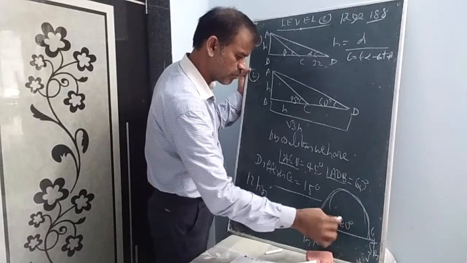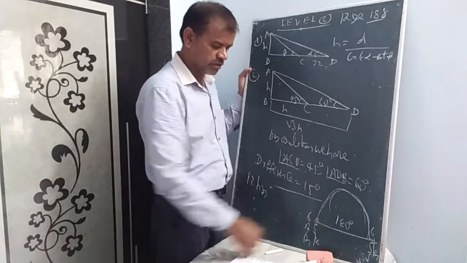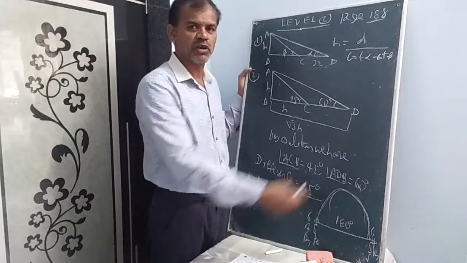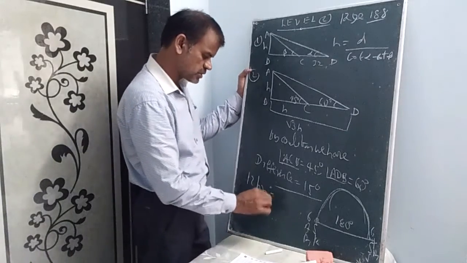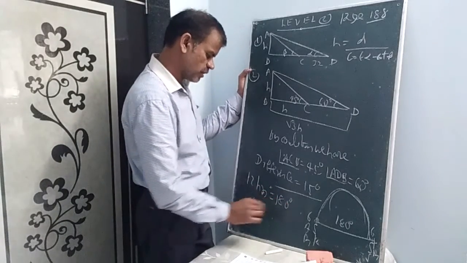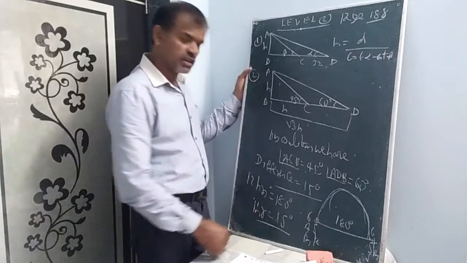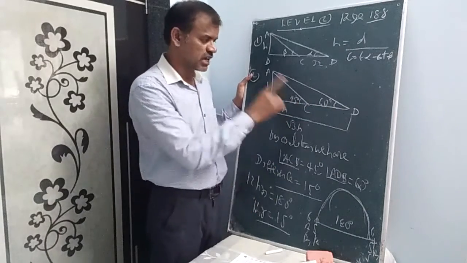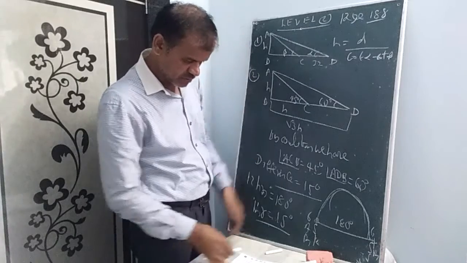A complete revolution takes 24 hours, so 360 degrees. Similarly, 12 hours, half a day, is 180 degrees. So 1 hour equals 180 by 12, 15 degrees. So to change the angle from 45 to 60, the time lapse should be 1 hour. So 1 is the answer, first option.